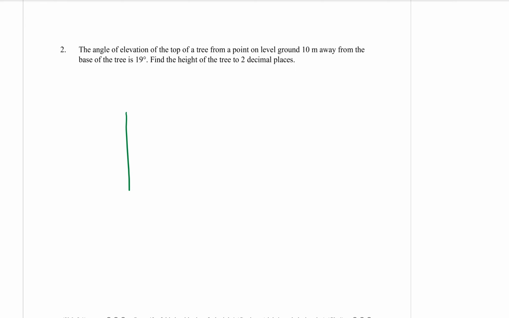You can be far more artistic if you want to, but this is not an art class. I have a point 10 metres away on level ground. So somewhere over here, across some level ground, which means there's my right angle, 10 metres away from my tree.